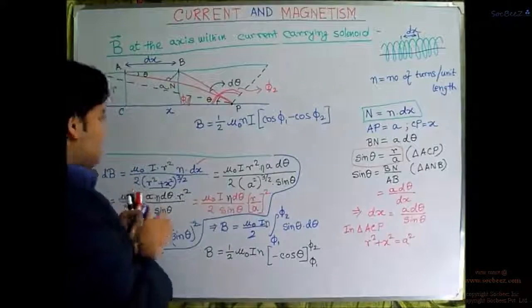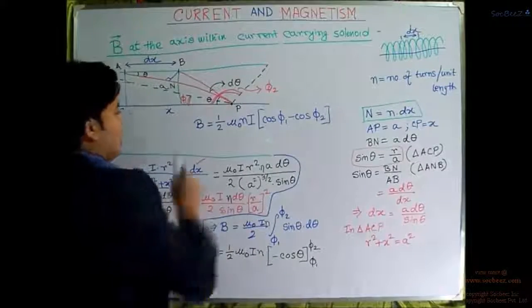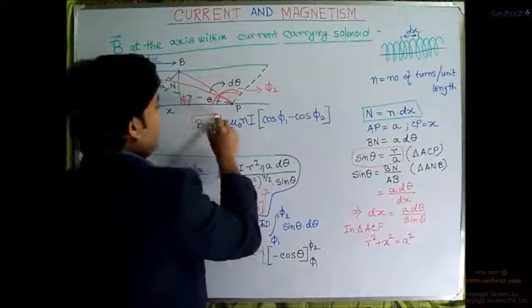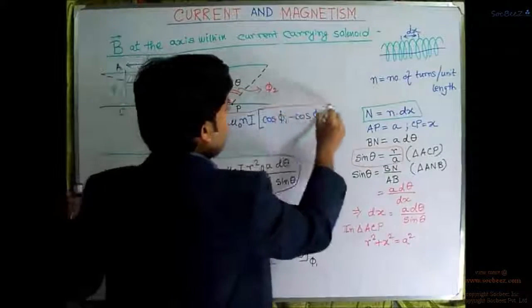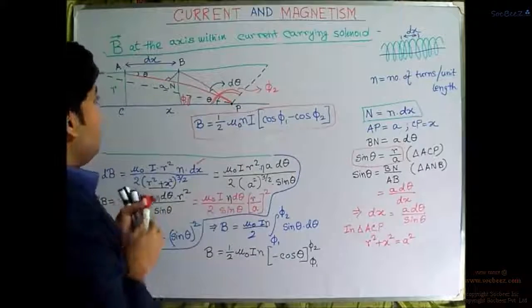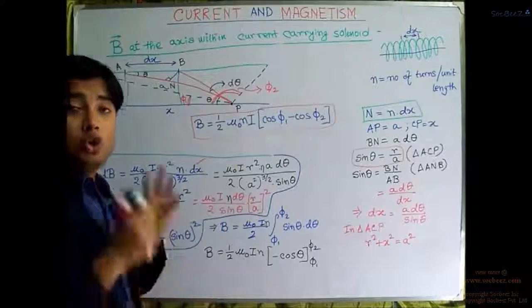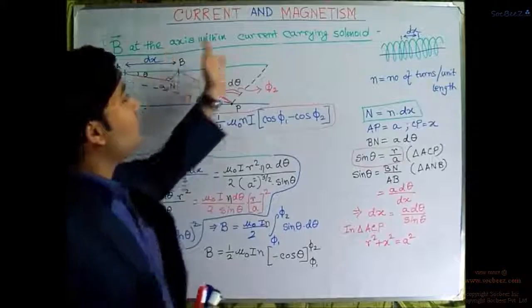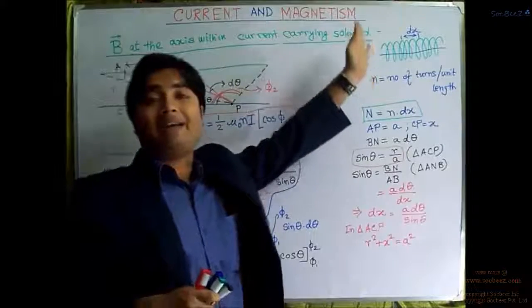So this is the basic expression for the magnetic field which is experienced at any point, given the point is on the axis within the current carrying solenoid.